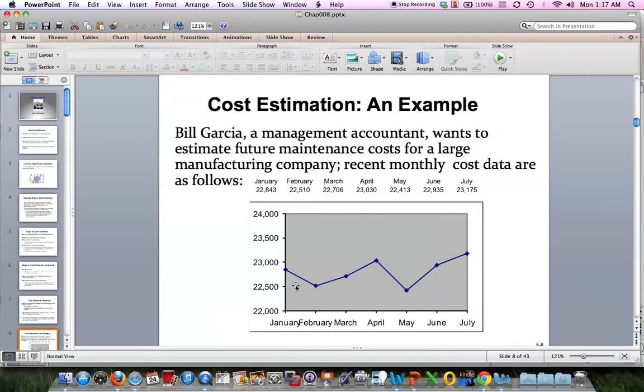Okay, so just plotted about 7 months worth of data, and we can see that we've got some months that are high and some are lower than others, right? Just under 23,000 to almost down to 22.5, and somewhere between 2,300 and 2,350 are the highs and lows that we have.